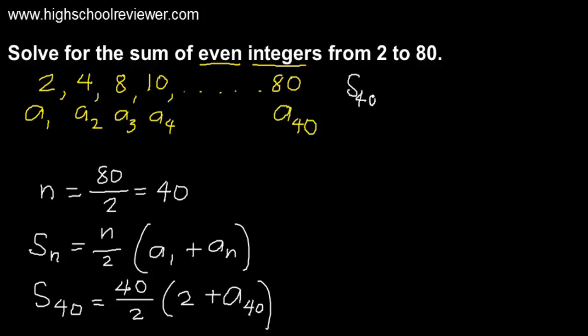S sub 40 here will be 40 divided by 2, that is 20, multiplied by 2 plus the value for a sub 40, which is 80.